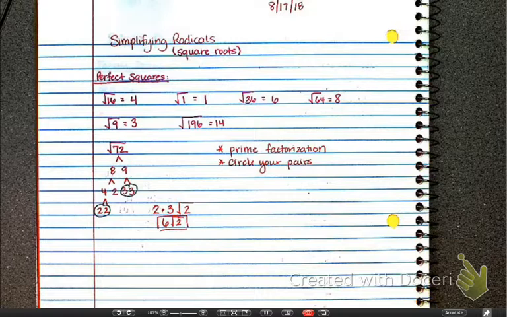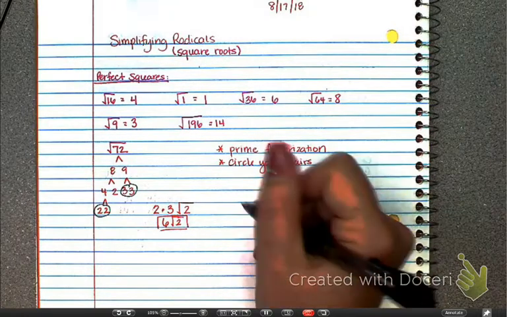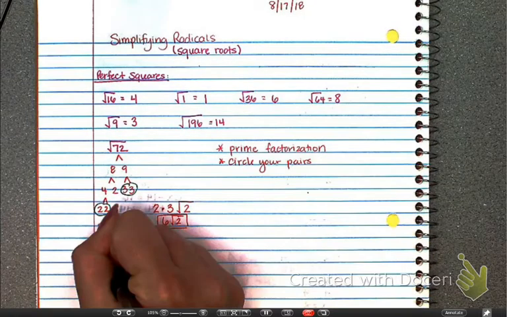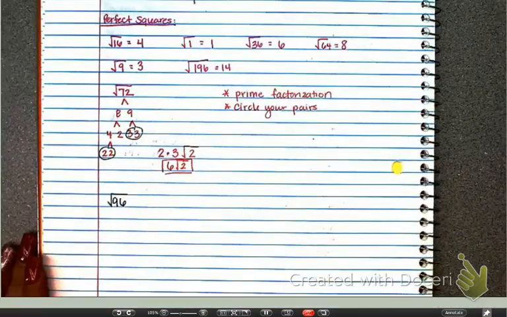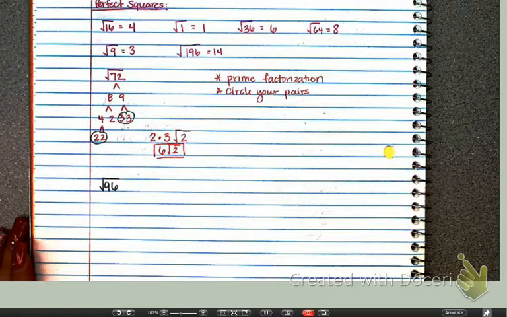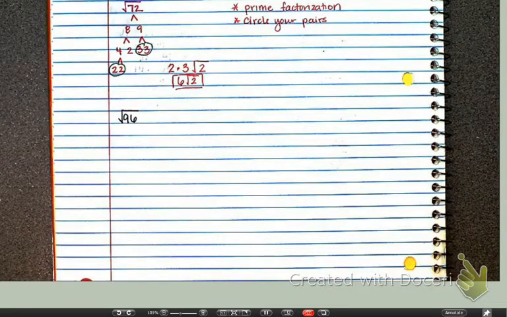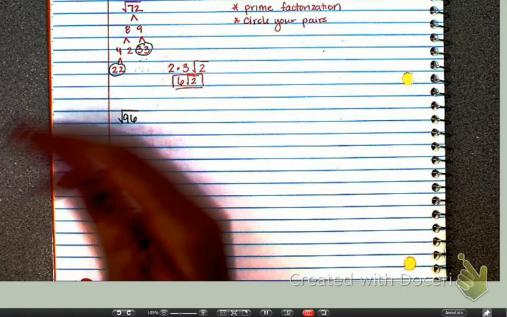And let's take the square root of 96. So we'll do this one together, and then I'm going to have you try some. So if I take the square root of 96, and I break down 96, what are two numbers that multiply to 96? 12 and 8.